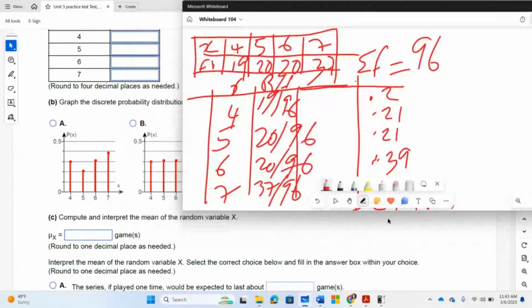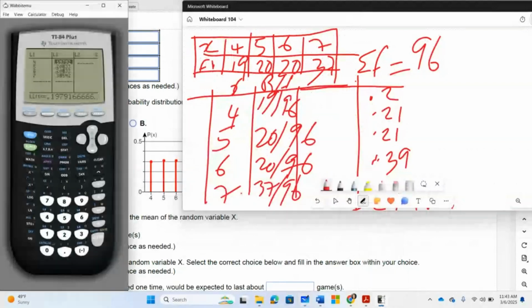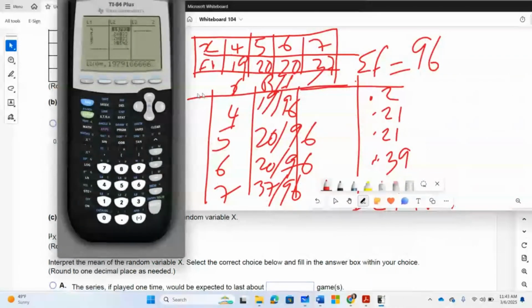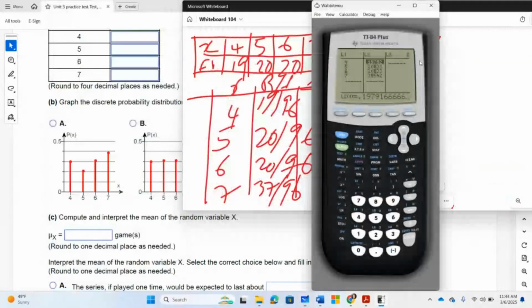Question C, you are told to find the mean of the probability distribution. Okay, so you already know that the random variables are in L1, the probabilities are in L2. You do one variable stat as usual. So you go to Stat, arrow to Calc, do one variable stat.